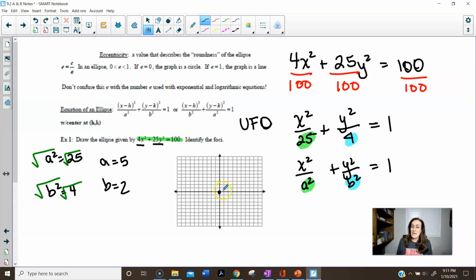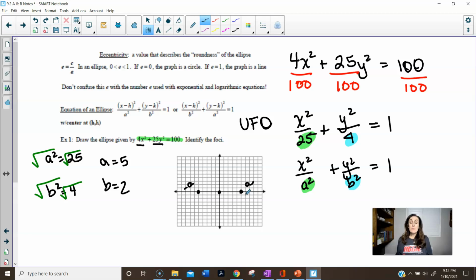So from the center, count to the right, 1, 2, 3, 4, 5. And to the left, 1, 2, 3, 4, 5. So I'll call this a and the opposite of a. And the major axis is going to go from opposite of a to a. That's going to be the longest axis of your ellipse.